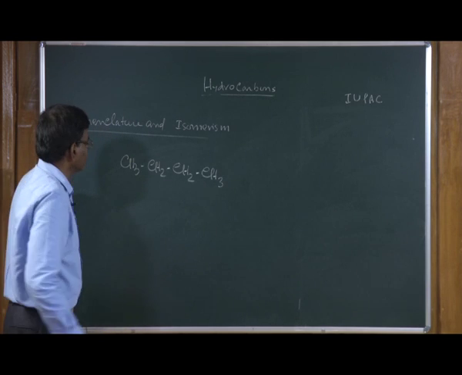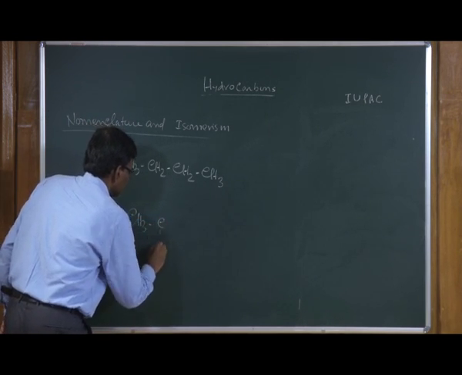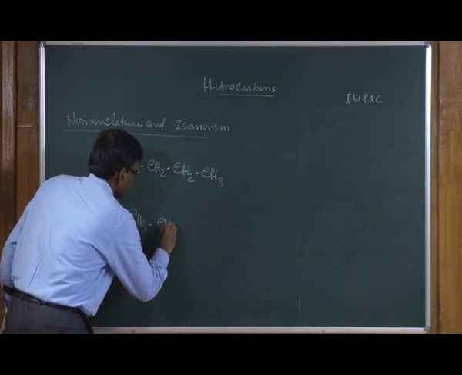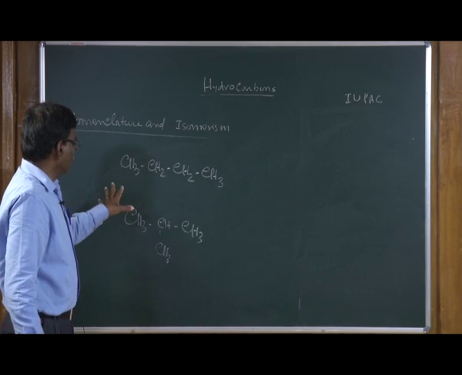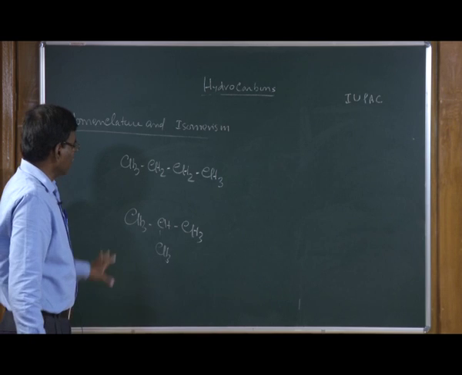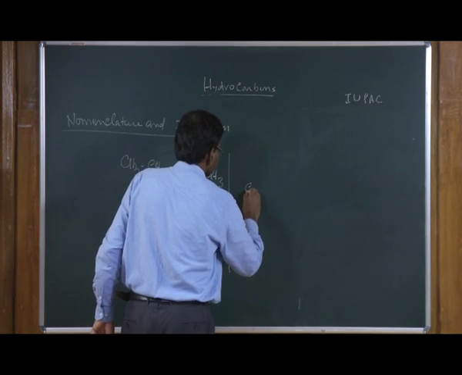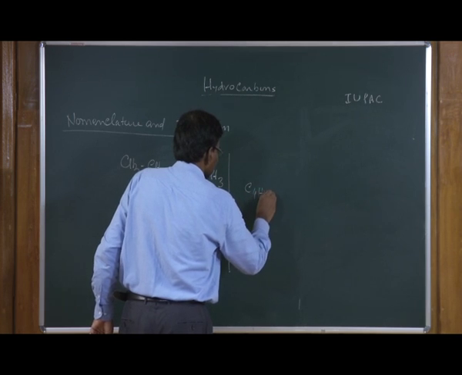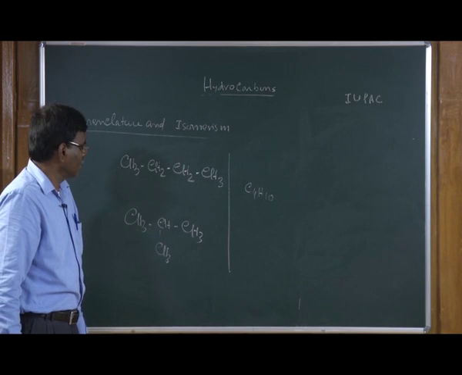So, butane can have 2 structures. Butane and 2-methylpropane have the same molecular formula C4H10, but different structures, right.